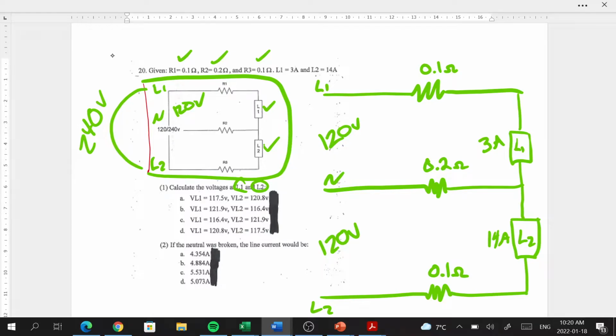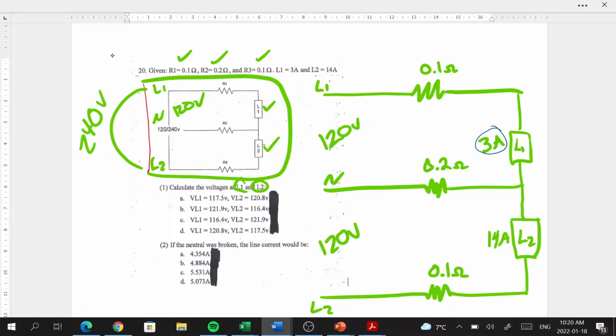Either way, we have to start calculating the information that we do know. If we have 3 amps flowing through the load, we can give that a direction. In a 120/240 volt AC system, the direction of the current changes back and forth 60 times a second. So it doesn't really matter what direction we give it as long as we stay consistent.